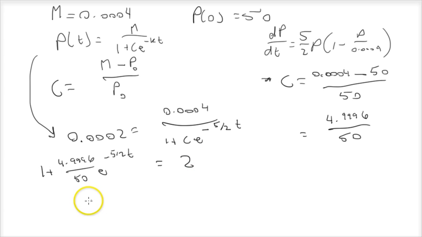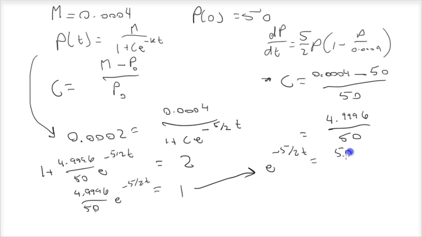We subtract the 1 over here, we're going to get 4.9996 over 50 times e to the negative 5 halves t equal to 1. And now we can multiply or divide this over, and we will get e to the negative 5 halves t is equal to 50 over 4.9996, and we can use our property of logarithms to figure out the t, because we want the time at which the population is half of the carrying capacity.